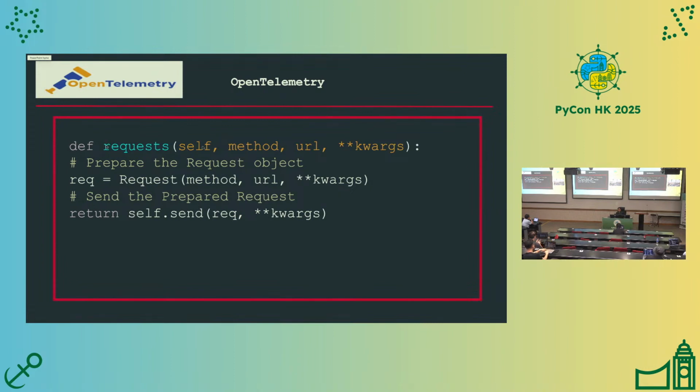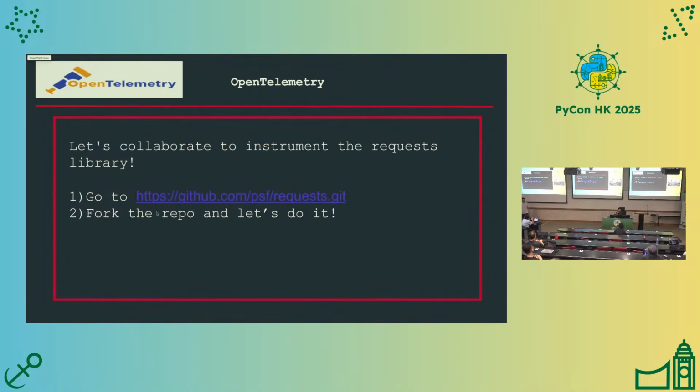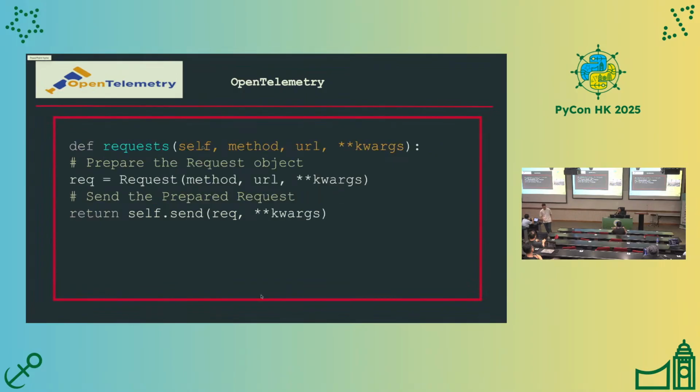Whenever you use requests.get or requests.post, internally it creates a request object. First step is it creates a request object with the method, URL, and the keyword parameters or the headers that you have supplied to it. And the second step is it internally sends this prepared request object to the send method.